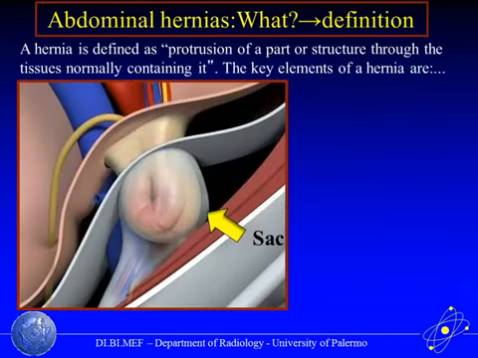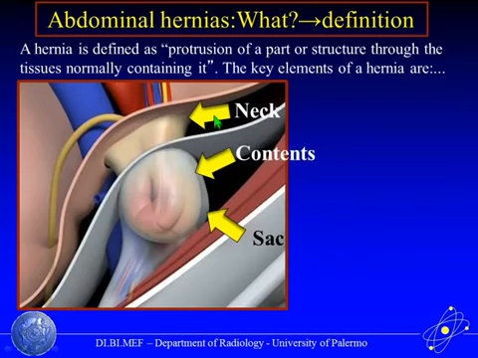So, first of all, abdominal hernias, what are they? We define a hernia as a protrusion of a part or structure through the tissues which normally contain it. The key elements of a hernia are the sac, the neck, and the contents.